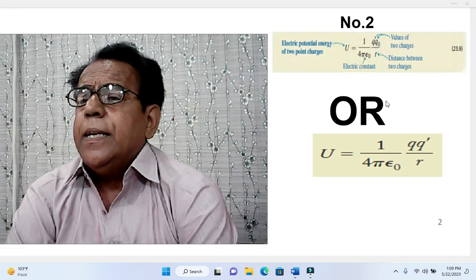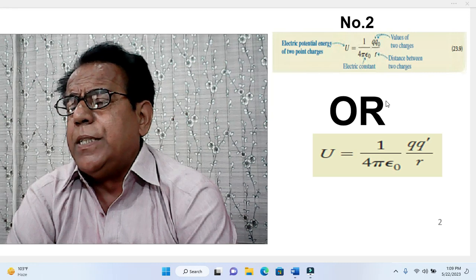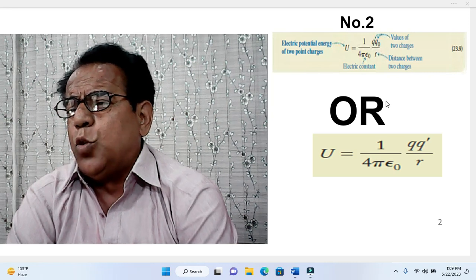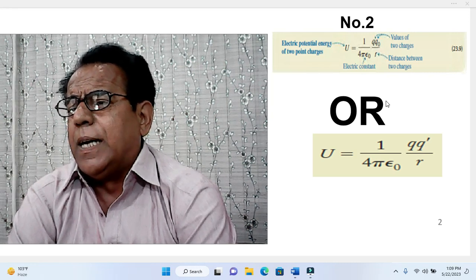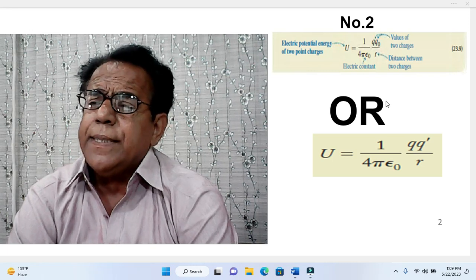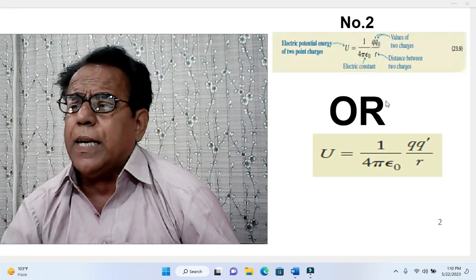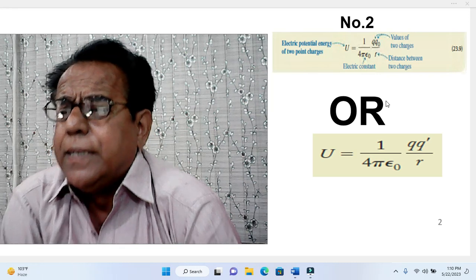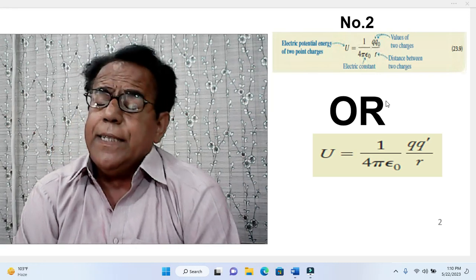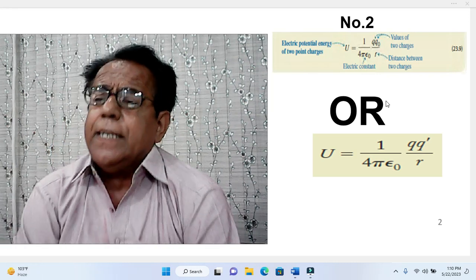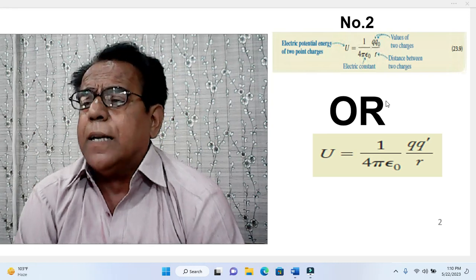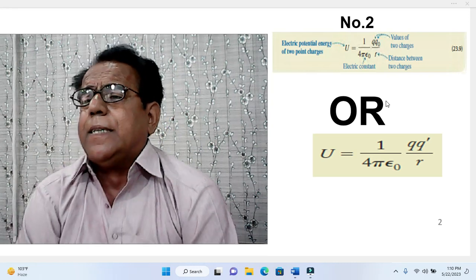Here it is to be noted that in Coulomb's law, the square of the distance between point charges is considered, but here we are not taking the square into consideration. It is simply the separation distance between the two charges.